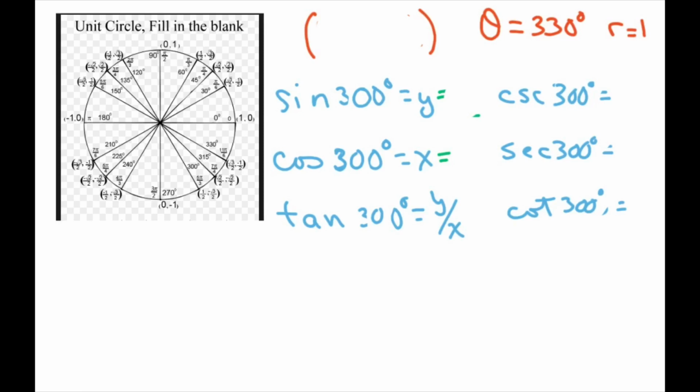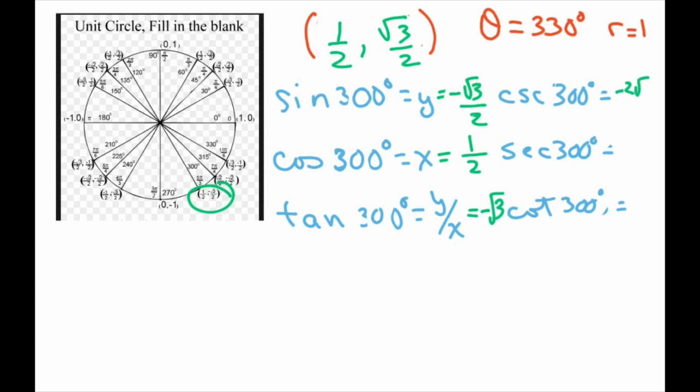Our coordinates for that are 1/2, comma, negative square root of 3 divided by 2. So your sine is going to be negative square root of 3 divided by 2. Your x is positive, which is 1/2. When you divide a negative and a positive, you get a negative, and then you just flip this.